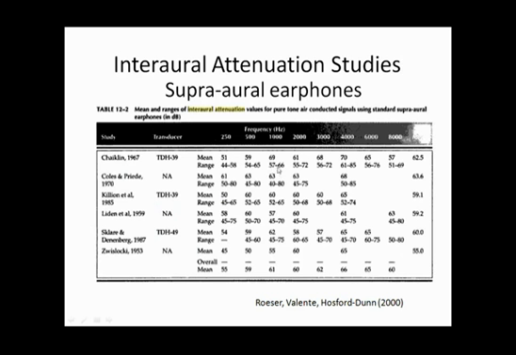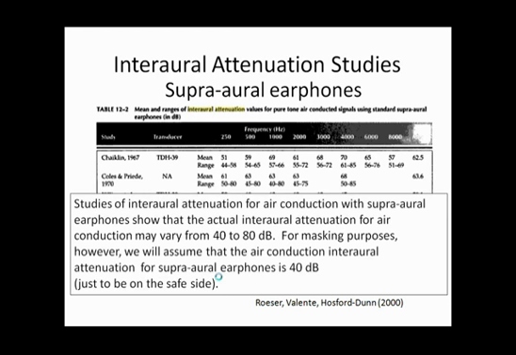The interaural attenuation for 1,000 hertz presented through a TDH39 supraaural earphone is actually 57 to 66 dB, not 40. So there's a huge, huge range. So studies of interaural attenuation for air conduction with supraaural earphones show that the actual interaural attenuation for air conduction may vary from 40 to 80 dB. For masking purposes, however, we will assume that the air conduction interaural attenuation for supraaural earphones is 40 dB. Again, just to be on the safe side.